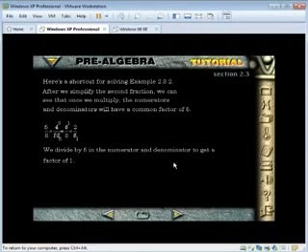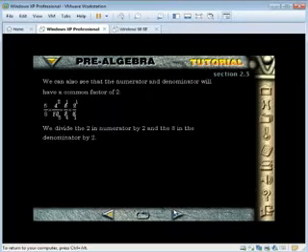Here's a shortcut for solving example 2.3.2. After we simplify the second fraction, we can see that once we multiply, the numerators and denominators will have a common factor of 5. We divide by 5 in the numerator and denominator to get a factor of 1. We can also see that the numerator and denominator will have a common factor of 2.